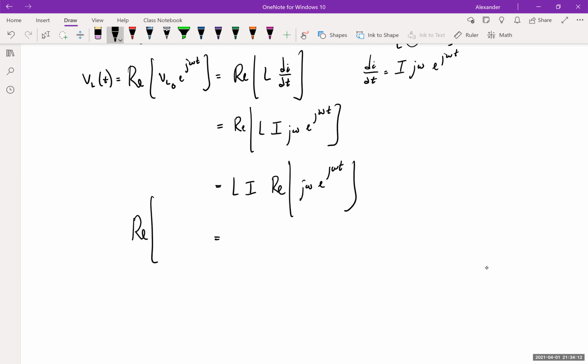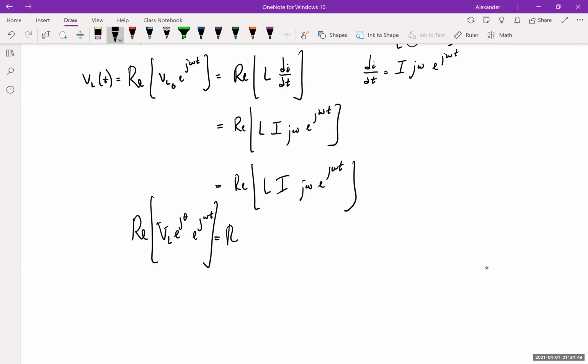V sub L sub 0 was the magnitude of the inductor voltage times e to the j theta times e to the j omega t. The current might be, let me make sure, the real part of I e to the j omega t.